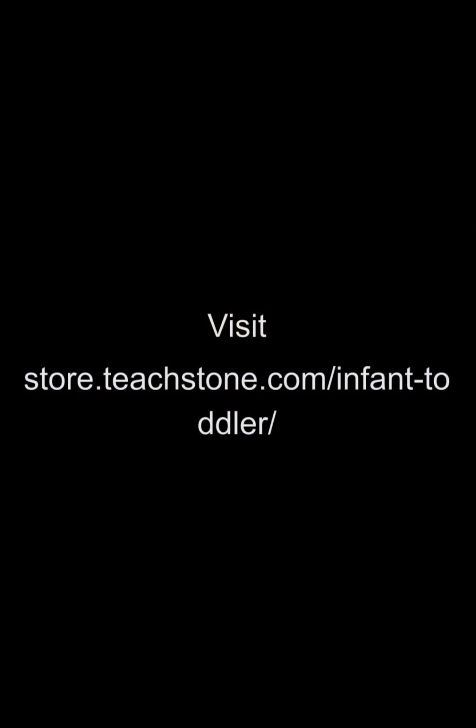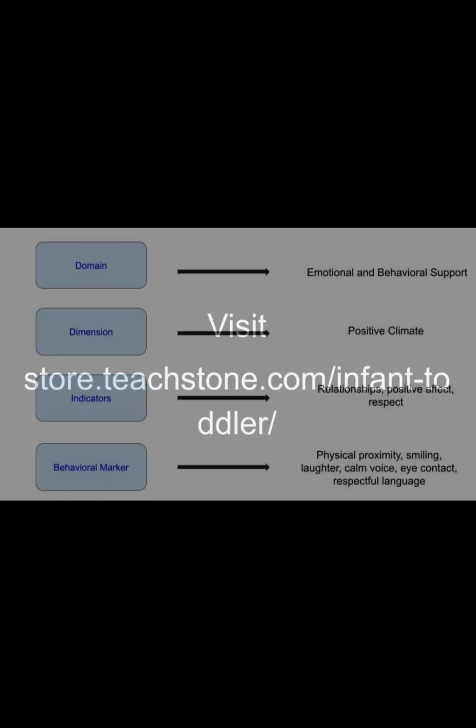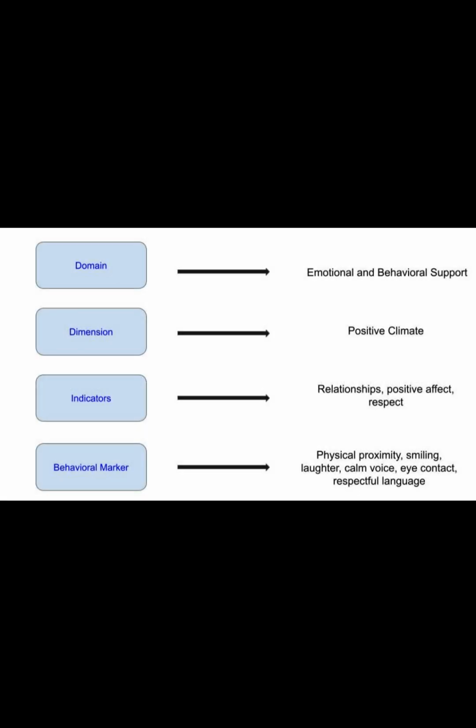It is essential to note that this is a broad overview of the CLASS measure. To learn more about the Toddler CLASS tool in depth, consider purchasing the CLASS Dimensions Guide, CLASS Dictionary, or CLASS Strategy Cards from Teachstone.com.